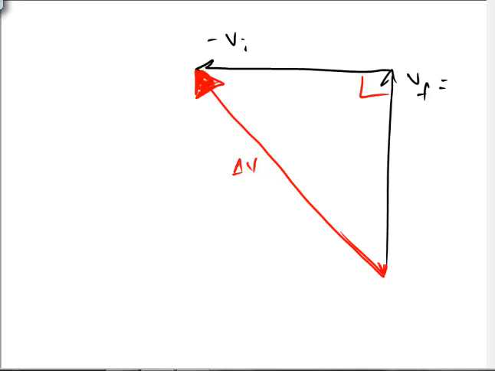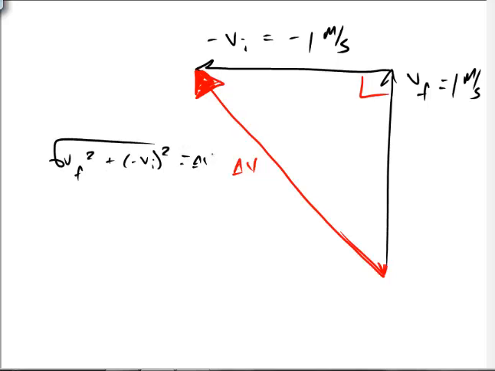It's the same in both directions, so we're just using 1 and negative 1. I'm still going to do right triangle Pythagorean theorem: the square root of vf squared plus negative vi squared is going to give me the change in velocity.